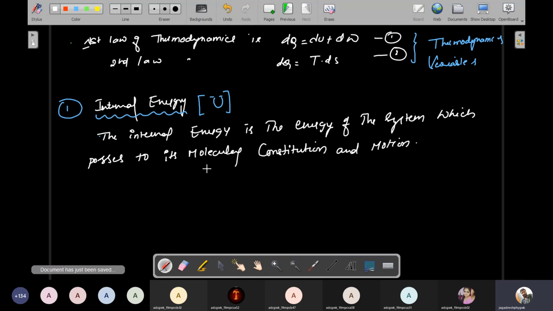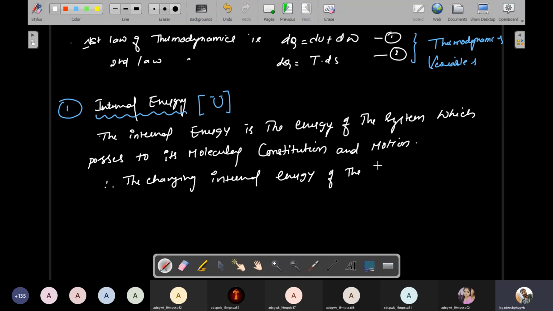For that purpose I am using the first law of thermodynamics and the second law of thermodynamics. So the change in internal energy of the thermodynamic system: I want to find out the change in internal energy of the thermodynamic system. For that purpose I am using the first law and second law of thermodynamics.